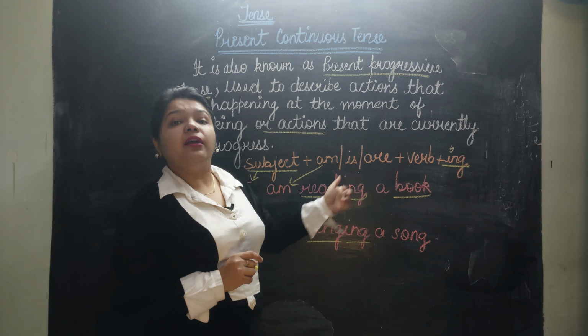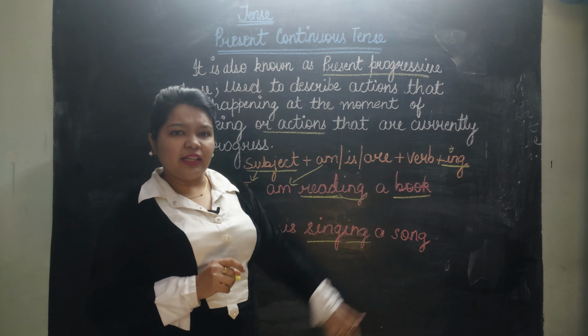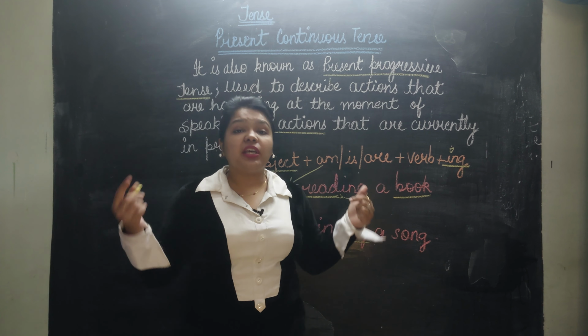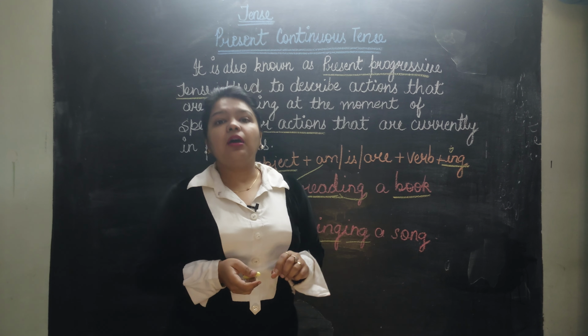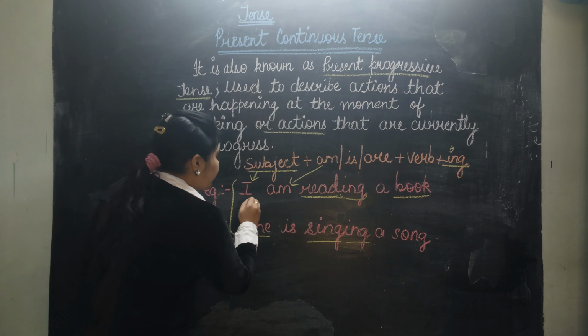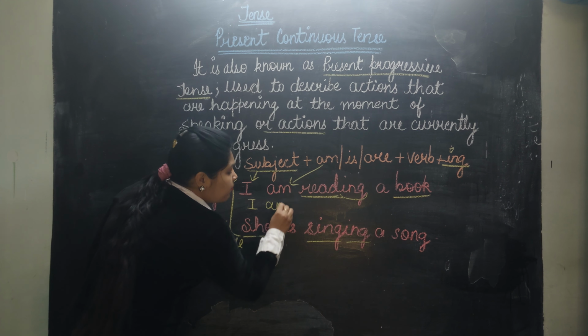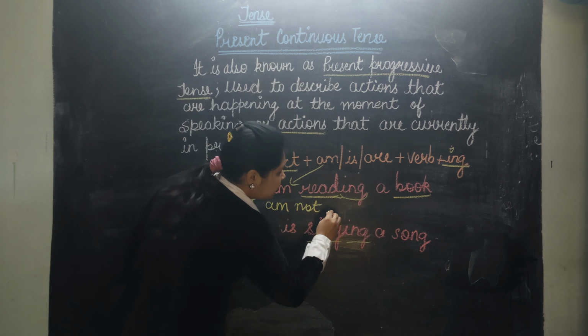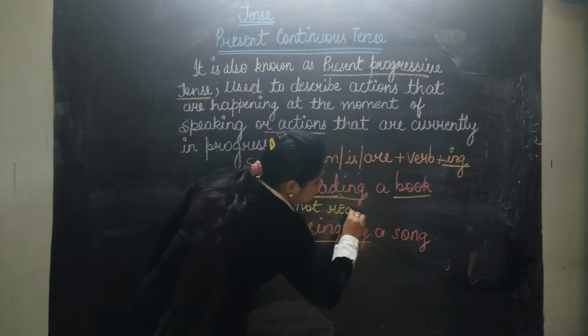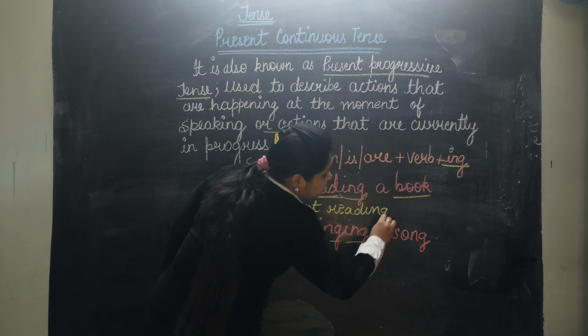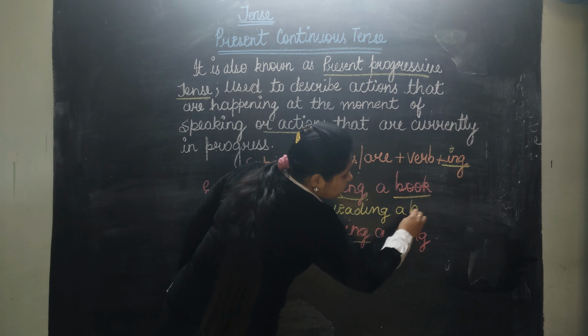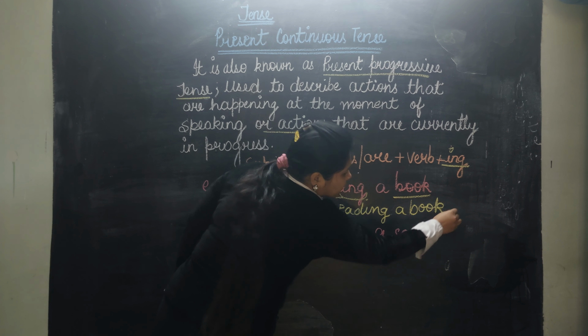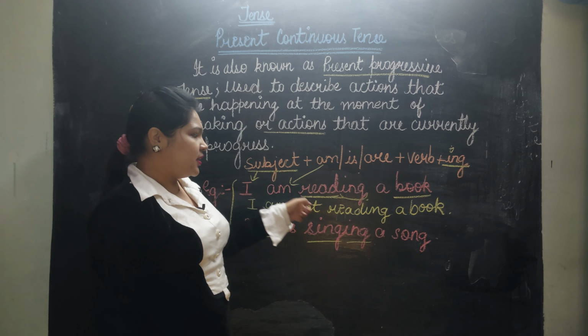I am reading a book. Positive sentence. Now, if you have to change it into a negative sentence, what will you do? I am. What will you add? Not. I am not reading a book. Got it? This is an affirmative sentence.